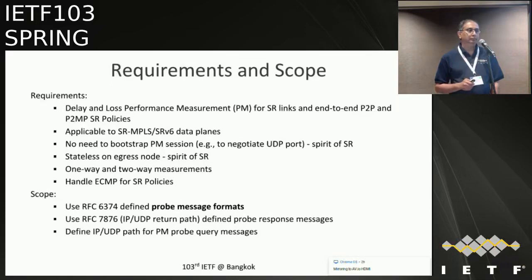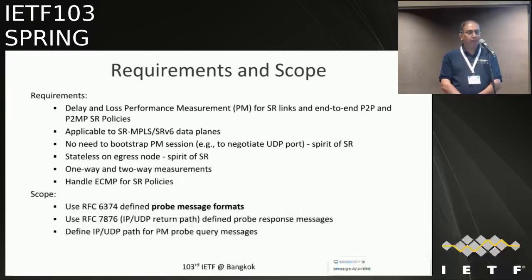So my question to you is, why reinvent the wheel when we already have TWAMP Light, and now we have a working group document in IPPM, STAMP, which will reasonably soon go to working group last call and has all the properties that you describe here?